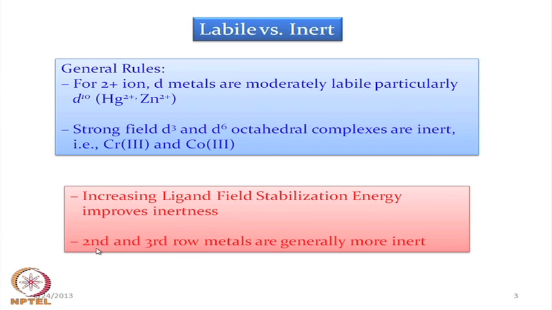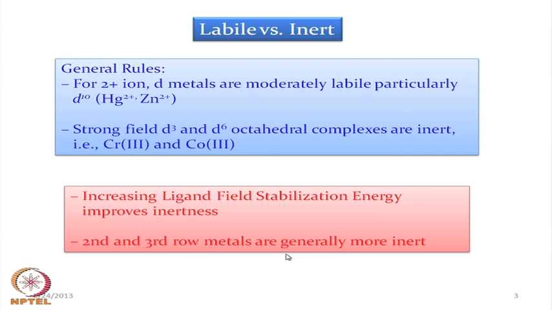Compared to the first row transition metal ions, the second row and third row transition metals are generally more inert, because the ligand field splitting is more. If we move from iron to ruthenium to osmium, similarly from nickel to palladium to platinum, we find that ruthenium and osmium as well as palladium and platinum show more inert complexes.